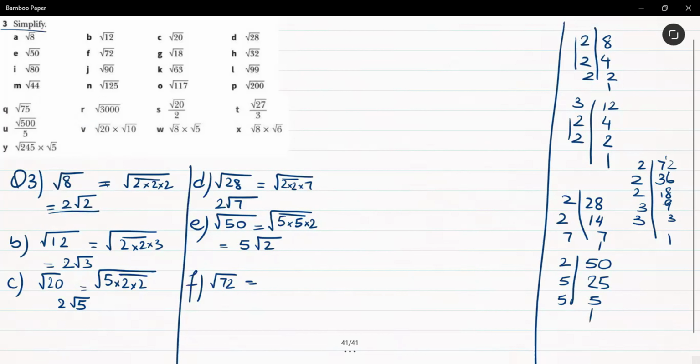So under root 72 is actually equal to 2 multiplied by 2 multiplied by 2 multiplied by 3 multiplied by 3. So we would get a pair of 2 and a pair of 3. That would mean 2 multiplied by 3 outside under root 2. And that would give me 6 under root 2. So that's it for part F.